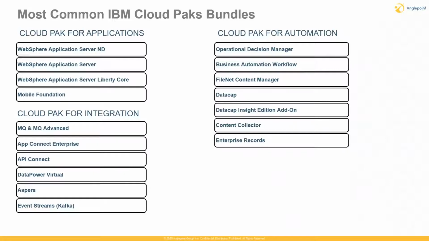Cloud Pak for Integration comes with MQ or MQ Advanced, App Connect Enterprise, API Connect, DataPower Virtual, Aspera, and Event Streams. For Cloud Pak for Automation, we have Operational Decision Manager, Business Automation Workflow, FileNet Content Manager, Datacap Insight Edition, Content Collector, and Enterprise Records.